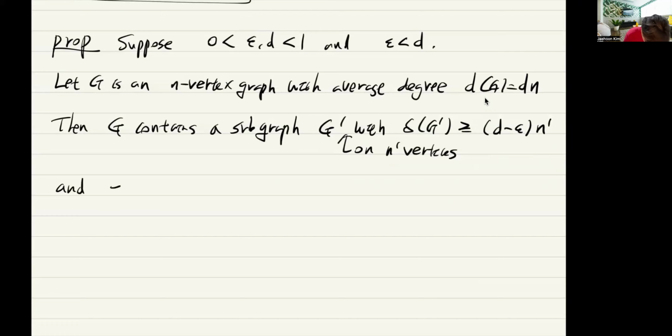And furthermore, the number of edges in here is at least this.